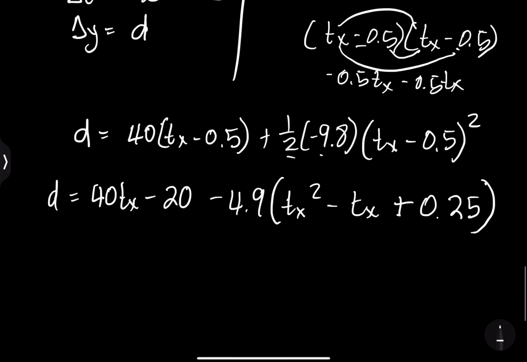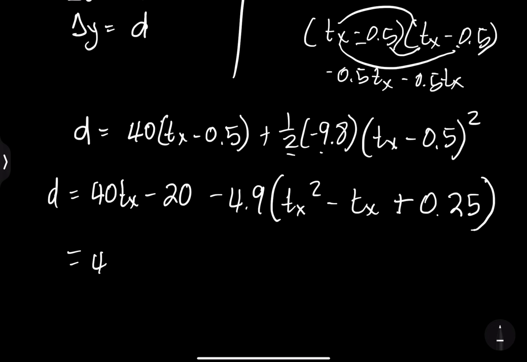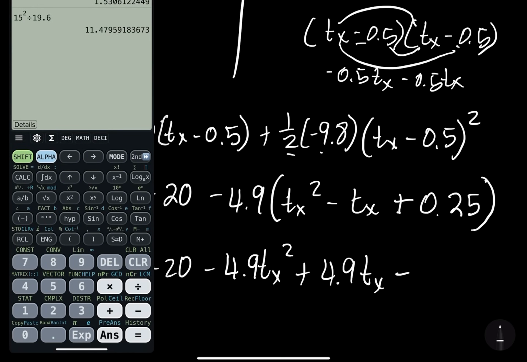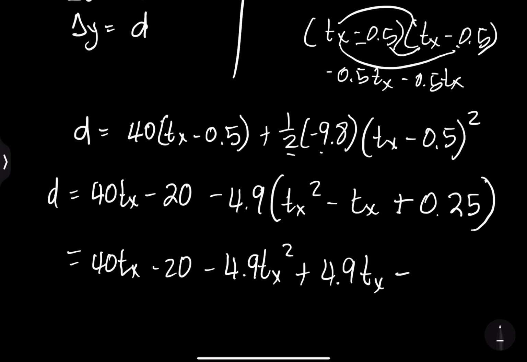Simplifying further, that's 40 tx minus 20 minus 4.9 tx squared plus 4.9 tx minus 4.9 multiplied by 0.25, which is 1.225. So that's our value for d.